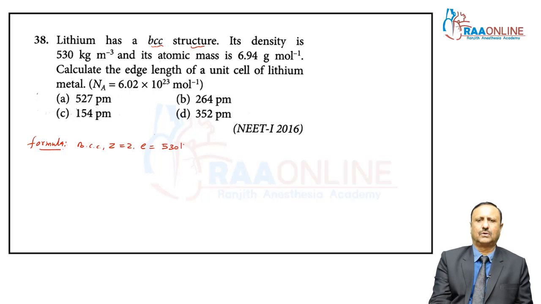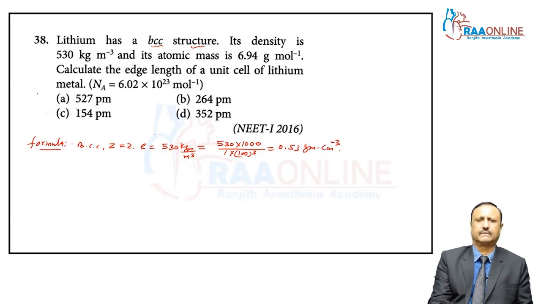The density is given as 530 kilogram per cubic meter. This density is converted into grams per cubic centimeter: multiply 530 by 1000 and divide by 100 cubic centimeter, so you get 0.53 grams per cubic centimeter.